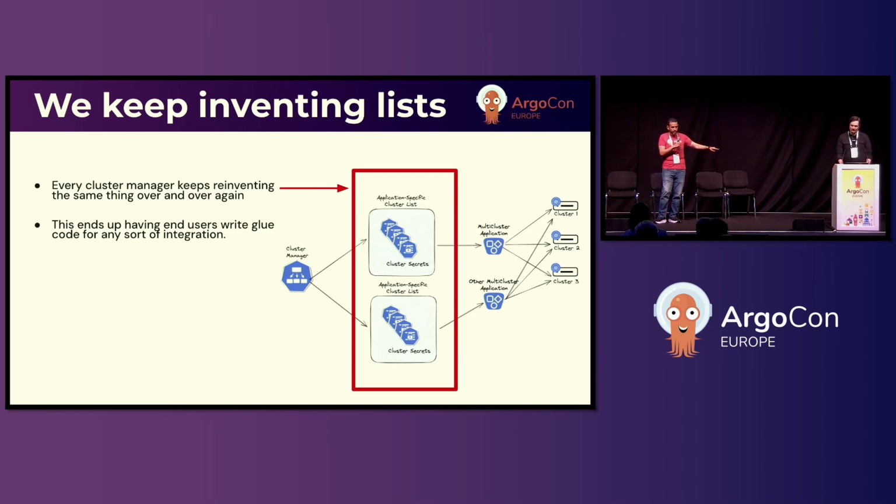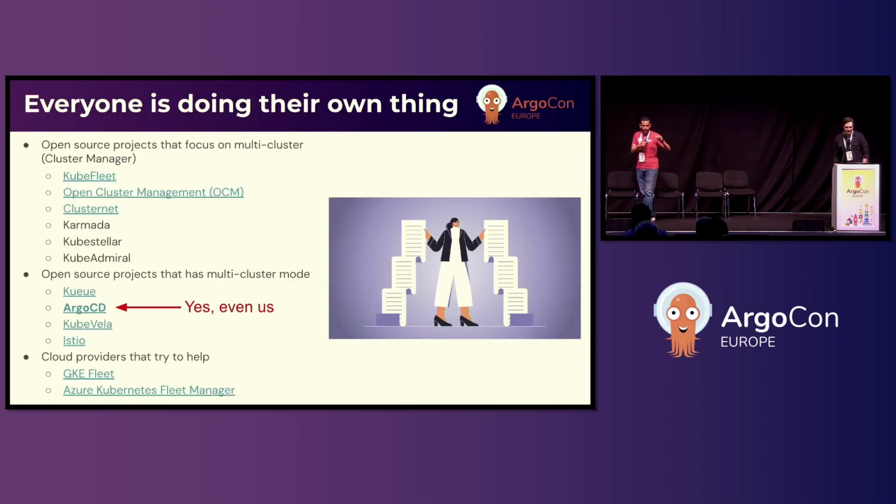And so next slide here, and here's a short list of things that create multiple clusters. We have Kubefleet, we have also cluster management, we have Karmada, Kubestellar, the list goes on and on. There are also open source projects that have a multi-cluster mode, meaning they are a consumer of lists. They even store their own lists, and they deploy applications to that list.